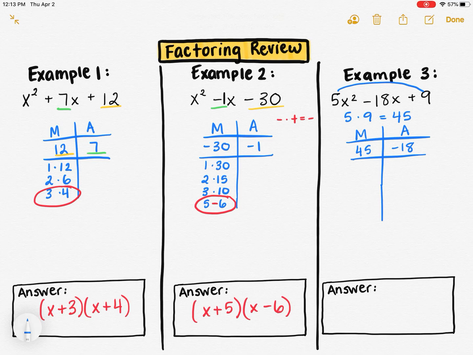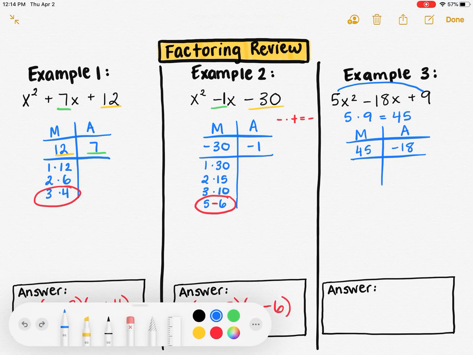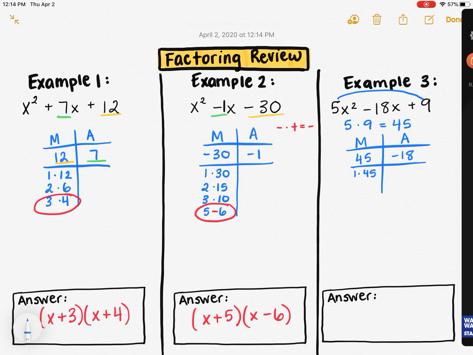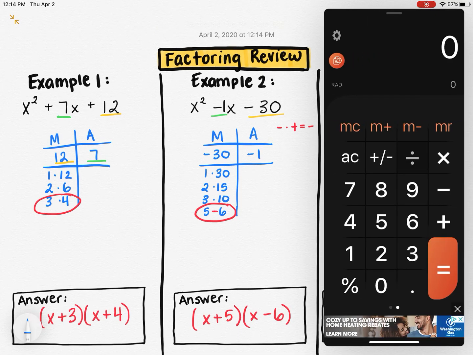So again, for this, you're not just multiplying to the number at the end, you're multiplying to the 5 times 9, which is 45. So now I have to find all my factors of 45. Well, I know I have 1 times 45. Now I want to think, does 2 go into 45? You can always check.